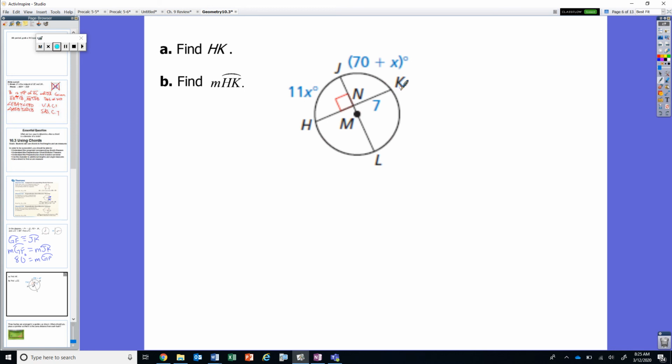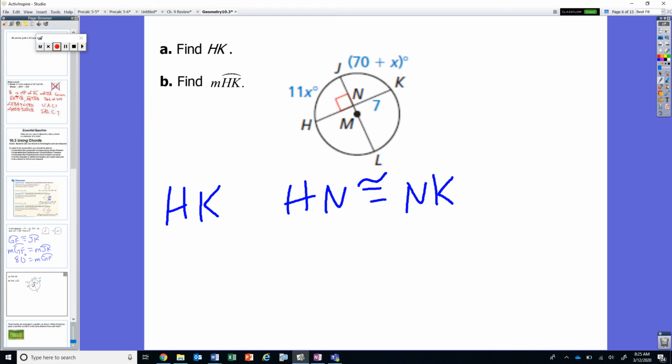So if that's the case, I can prove that HK is actually made up of HN and NK. So therefore, HN is congruent to NK. Therefore, HN has a measure of 7 as well.